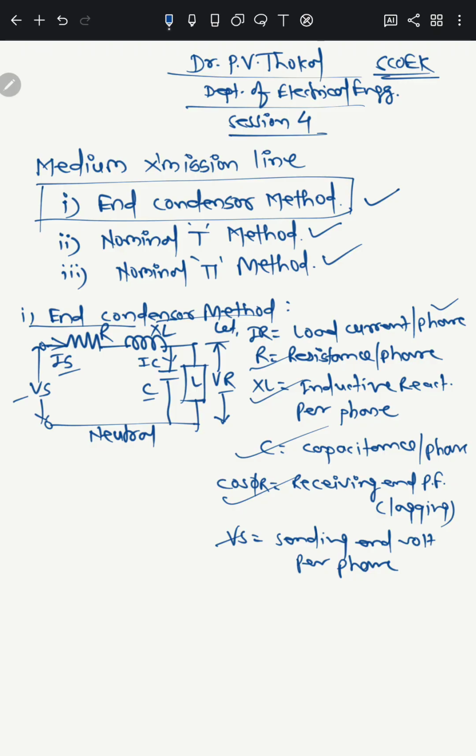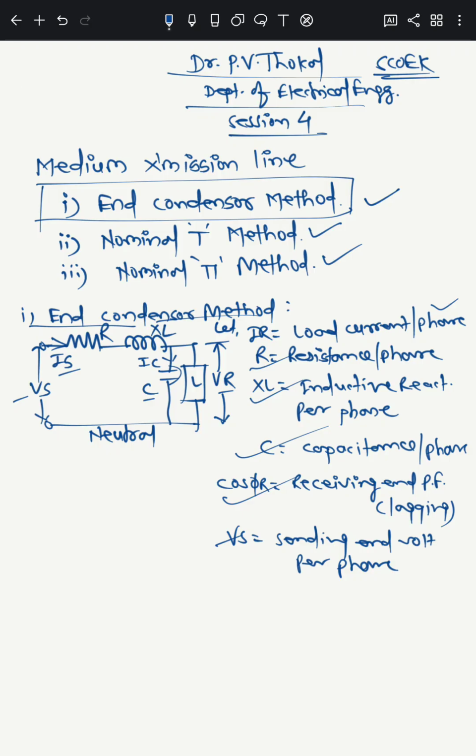As I already explained, in case of short transmission lines, capacitance is negligible. That is why for short transmission line we have not considered the capacitor.